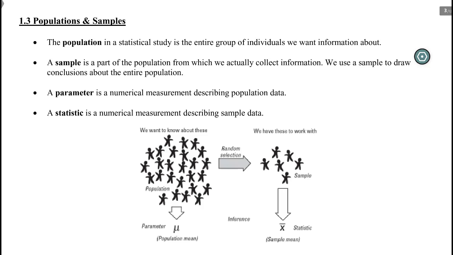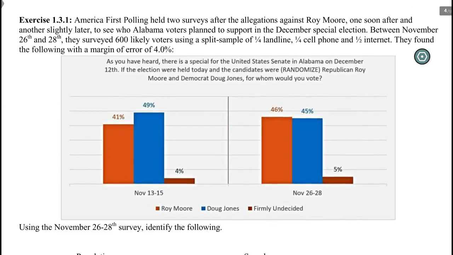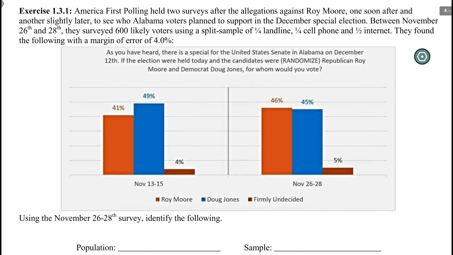So we'll continue on. I'm not going to break up the video because that would be a really short one, and do exercise 1.3.1 together. I replaced a very outdated example this semester with one that is much more relevant. America First Polling held two surveys after the allegations against Roy Moore, one soon after, one slightly later.